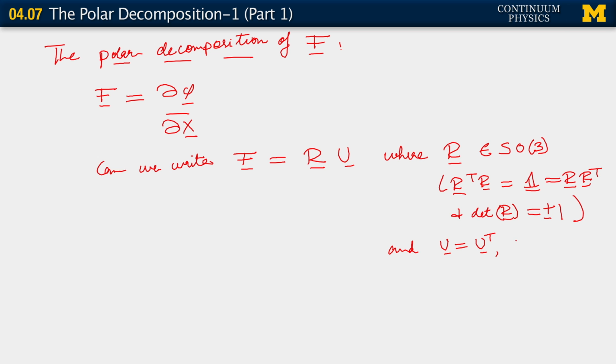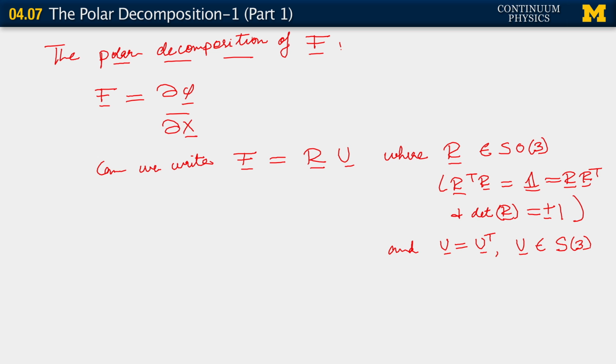We are just going to say that U belongs to S3, S implying symmetric, 3 implying 3 dimensions. So this is the question we are asking: can we write F as this product RU in that particular order, where U is symmetric and R is a rotation tensor?